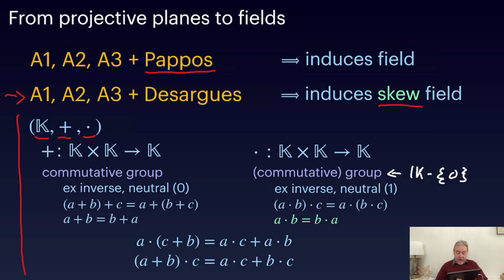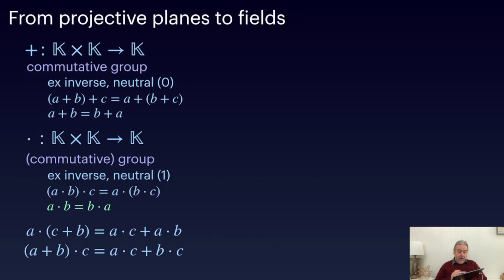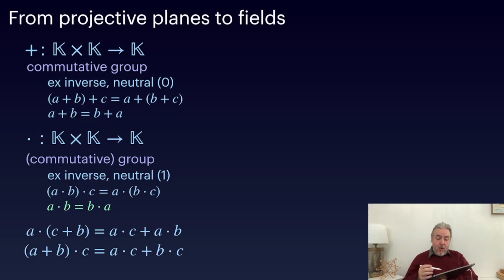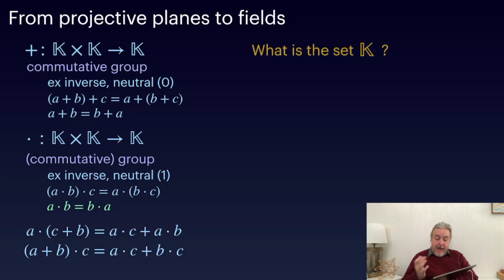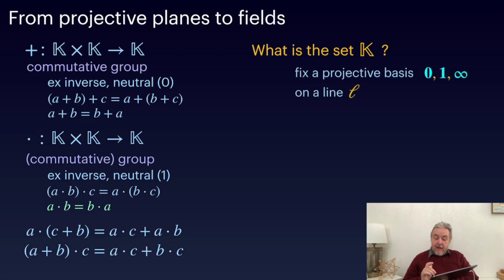So first of all, let me explain where we will discover our set K here. So we are starting from a projective plane, and now we have to ask ourselves, if we just have a projective plane, what should that set K be at the end? And what it should be is the following thing.